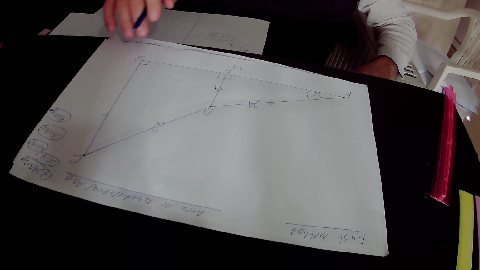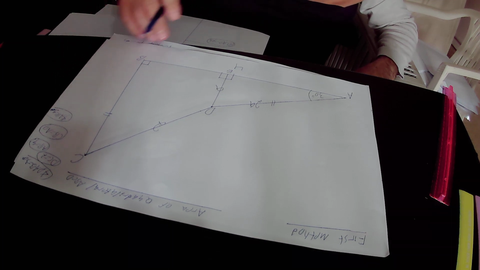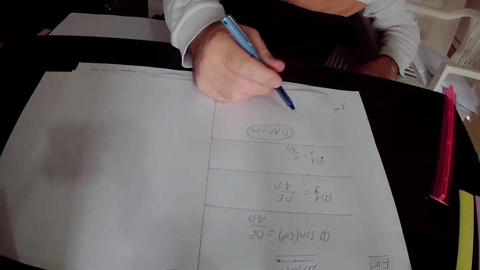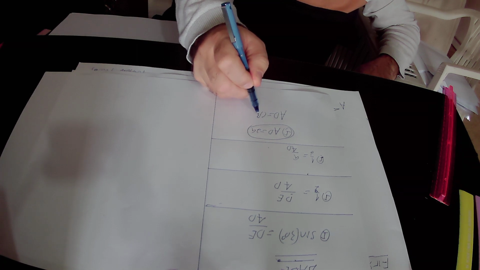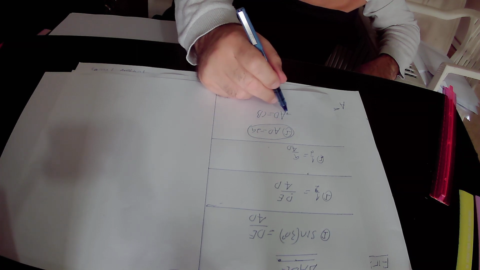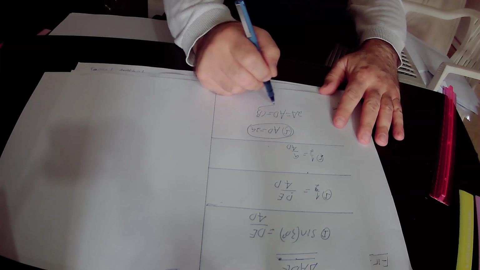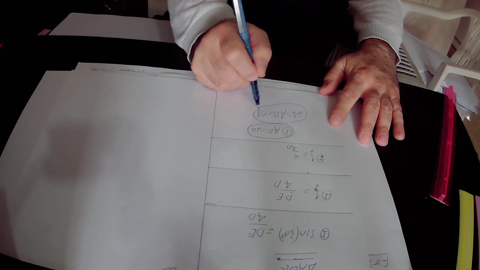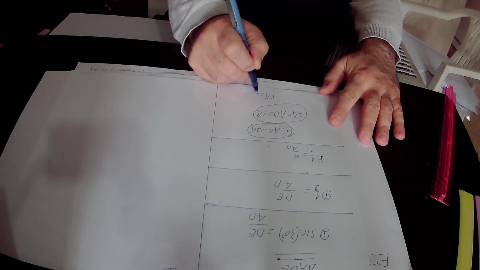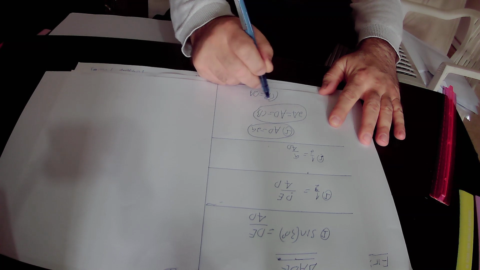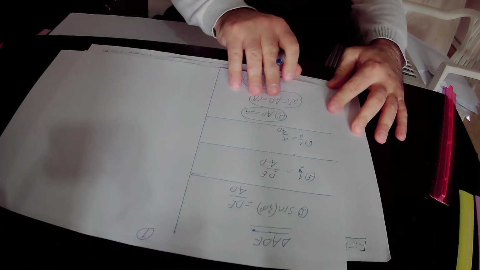But it is given in the question that AD equals CB. According to what is given in the question, AD equals CB, and we found out that AD equals 2A. So from this equation we will derive that CB also equals 2A.